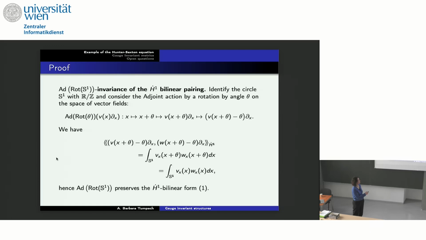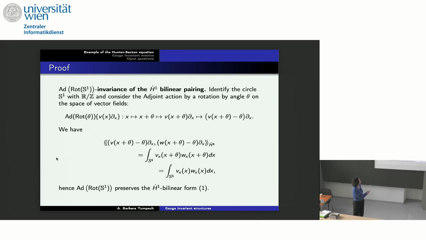The adjoint action by a rotation, you first do a rotation, then you do your diffeomorphism, and then you come back. So at the level of the Lie algebra, you first do a rotation, then you do your vector field, which is an infinitesimal counterpart of the diffeomorphism, and then you go back with the inverse rotation.